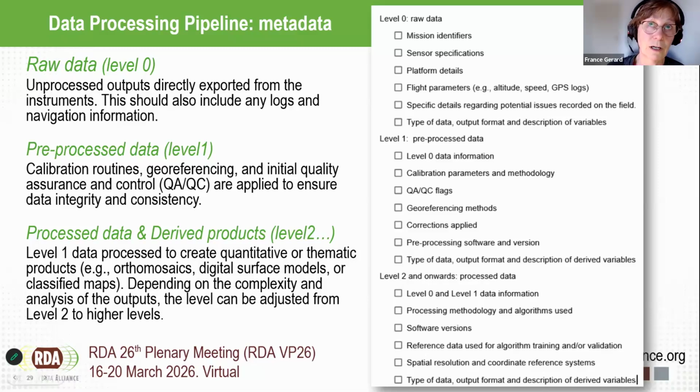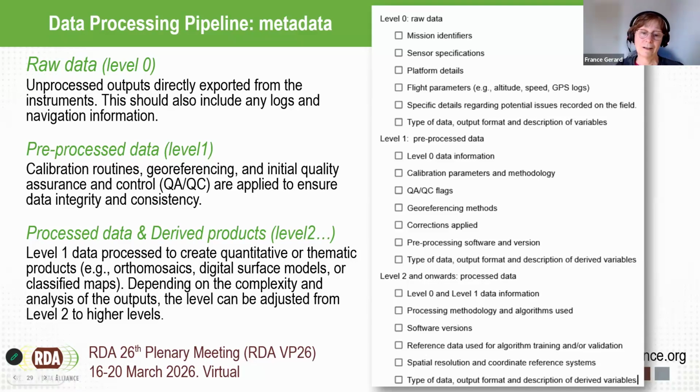When you talk about level 1, so this is all the pre-processing, prepping the data. I would think about it as analysis-ready data. You prep it so that at the end, you'll have data sets that people can use for analysis and then deliver derived products, which is level 2. So there you provide the level 0 data information.